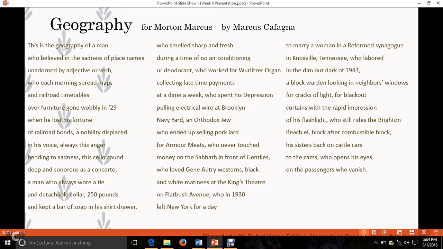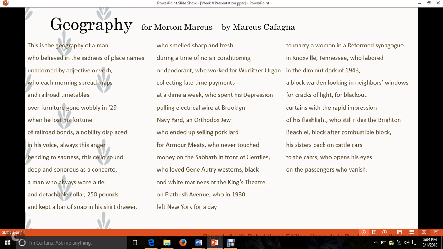And here, so he's working hard. He's trying to do his job. He's trying to get things done. He does let some things in. We see his wife, and we see that he enjoys the King's Theater, and so he still has these personal elements. And then at the end, he writes the Brighton Beach L, block after combustible block.